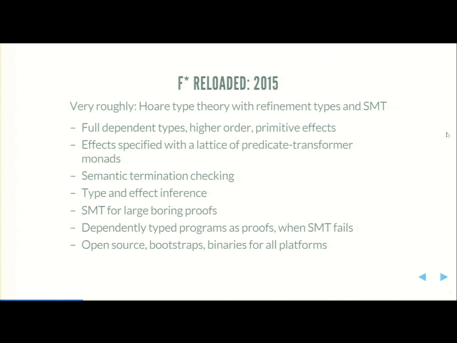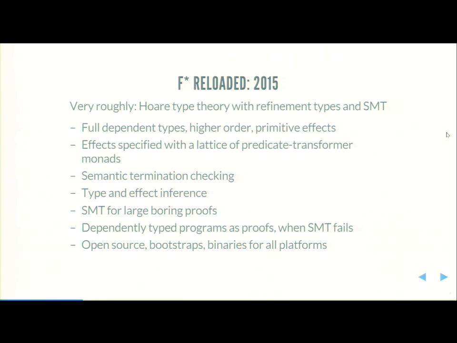So F-star currently in 2015, you can think of it very roughly, and there are many technical differences, but very roughly you can think of it as Hoare type theory with refinement types and an SMT solver in the back to give you automation.